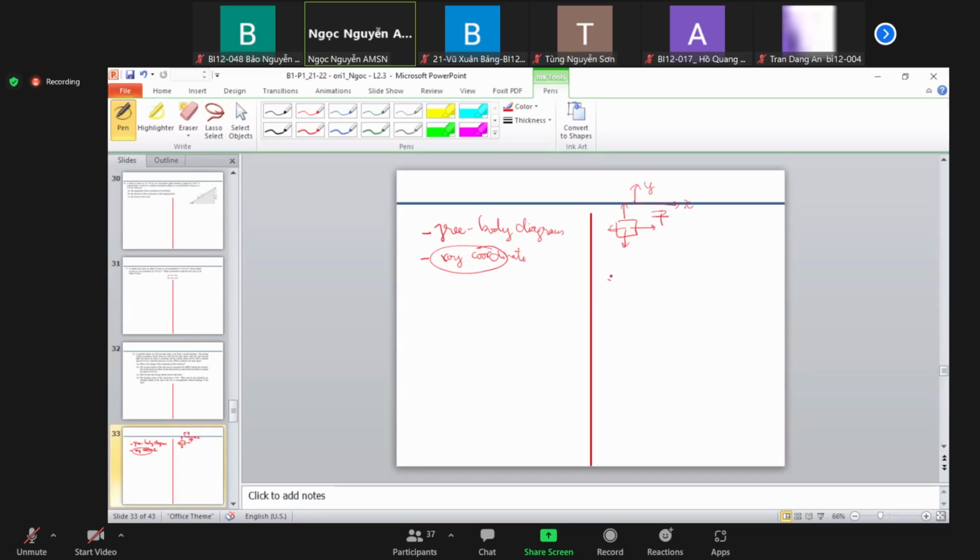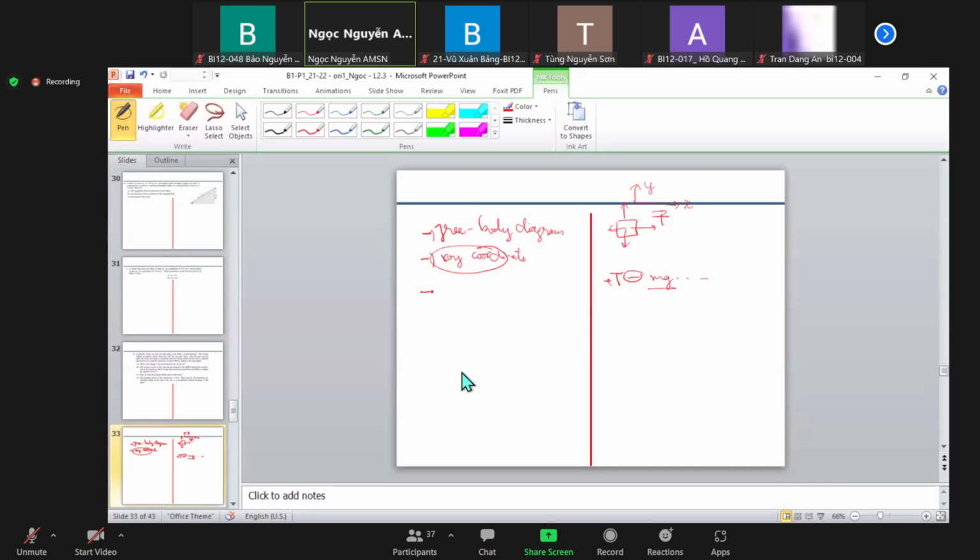And you just write, for example, T minus mg, blah, blah, blah. Oh, but how can you know T is positive and mg is negative if you didn't define the x or y directions? The second step is very important and you have to do it, okay?